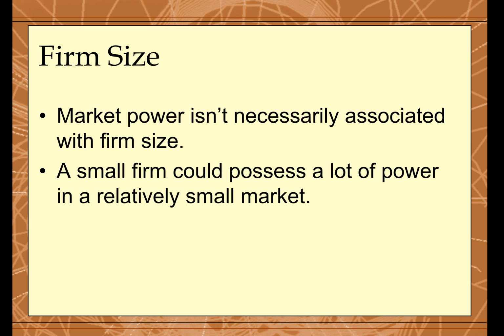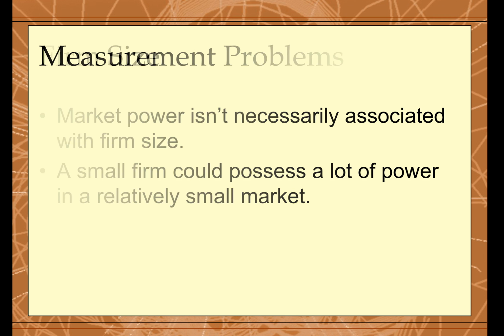But if you look at the San Francisco Bay Area, the San Francisco Chronicle is the dominant paper in the Bay Area. They have a very small market share nationally, but a very large market share locally or regionally. So national concentration ratio does not really help you understand local market power.